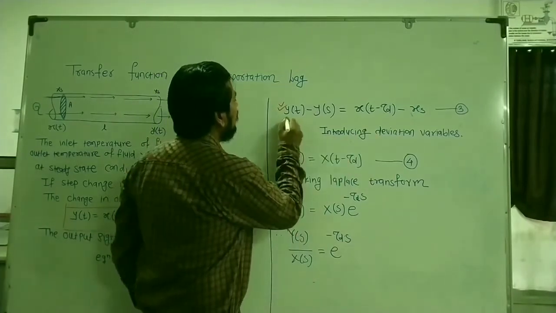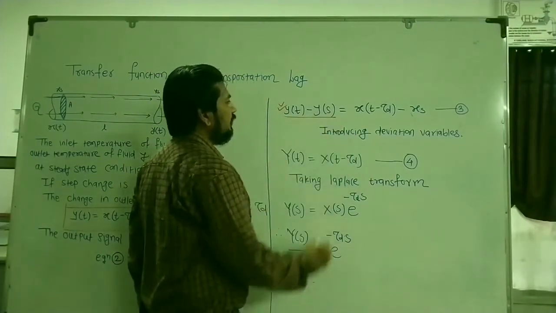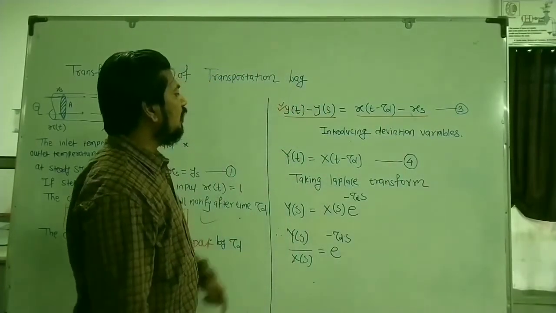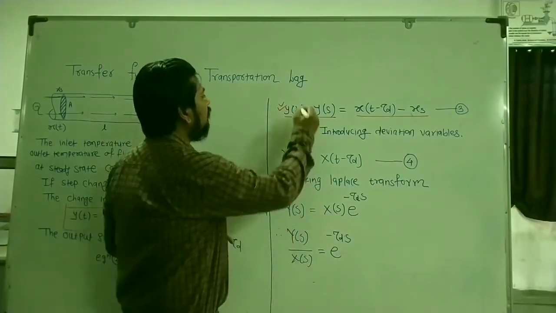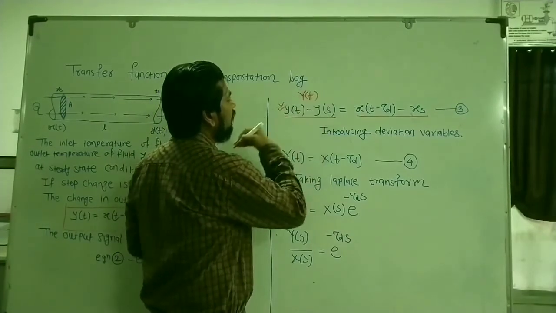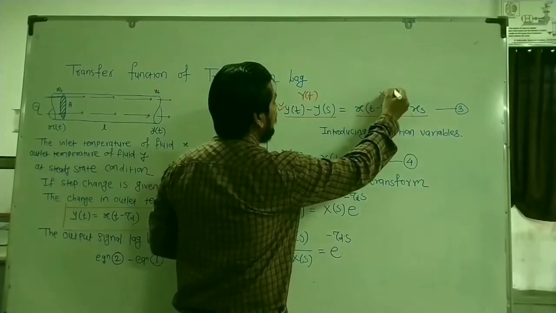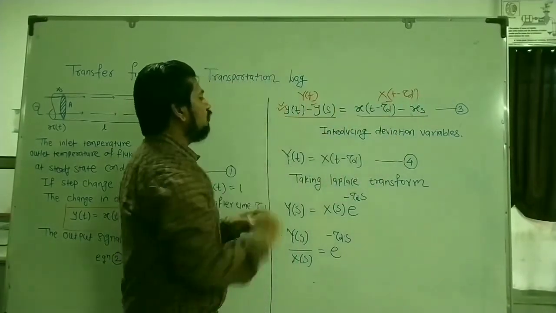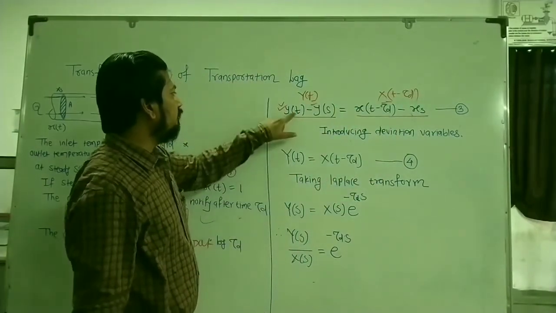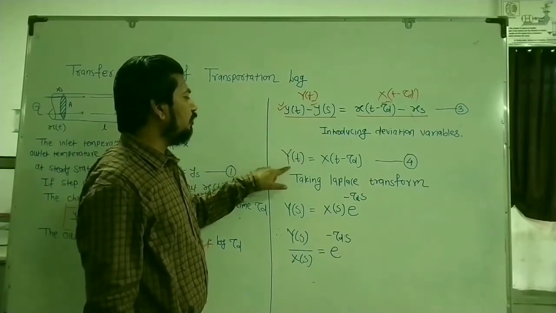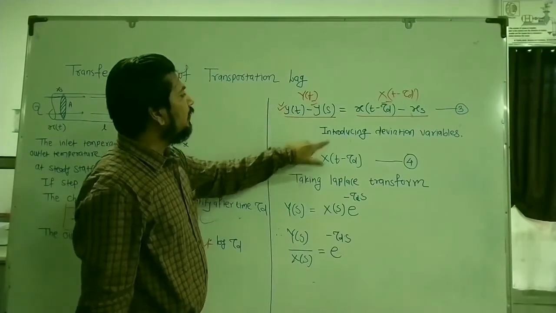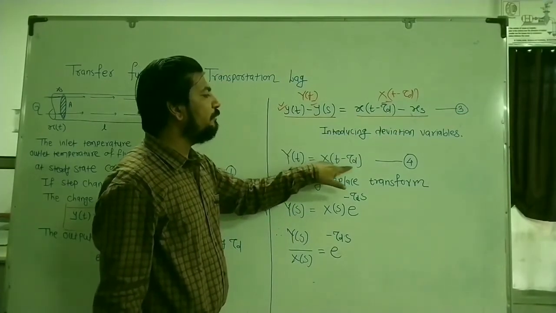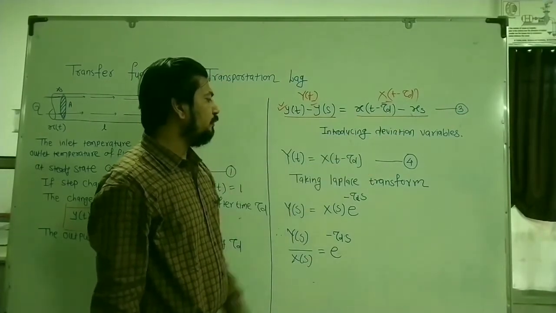I know that the variable minus the steady state is nothing but the deviation variable. So introducing the deviation variable, y of t minus y of s will be equal to capital Y of t, and x of t minus tau d minus x of s will be equal to capital X of t minus tau d. This is your equation number 4.